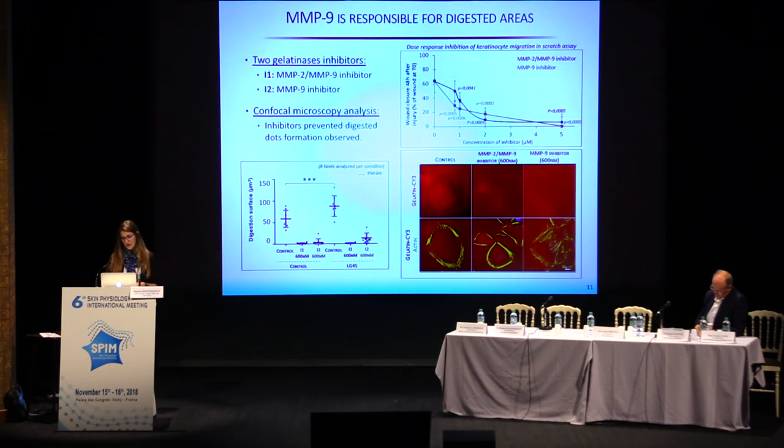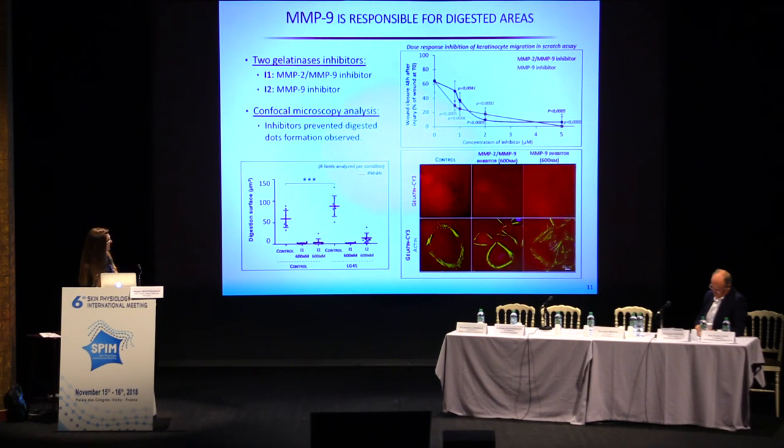To analyze whether MMP9 is involved in the formation of the digested areas, two inhibitors were used. The first one is specific against the gelatinases family, so it is an MMP2 and 9 inhibitor, and the second one is an inhibitor specific exclusively for MMP9.